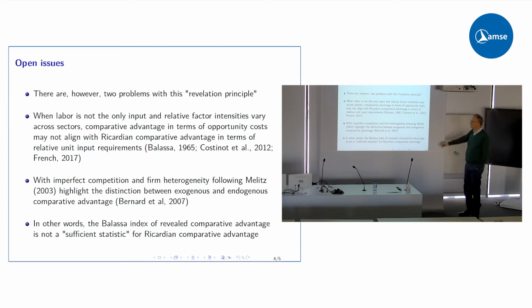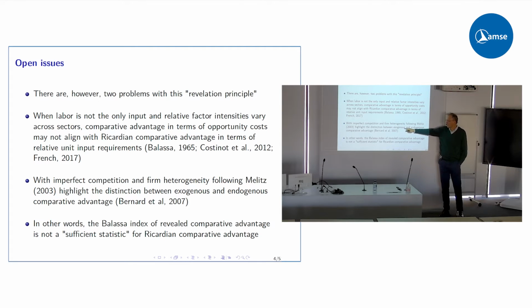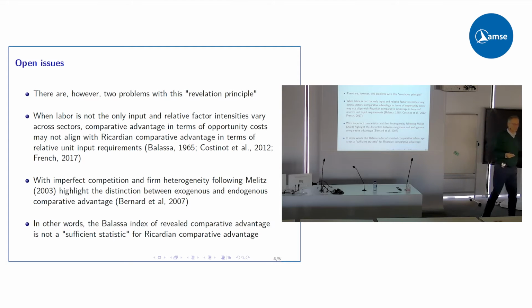So with imperfect competition and firm heterogeneity, there is a distinction between exogenous comparative advantage and endogenous comparative advantage. Exogenous would be the country's characteristics in terms of technology, and endogenous is the outcome of selection. And selection is affected by many things, including the degree of openness of countries.